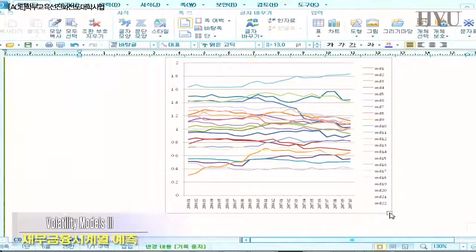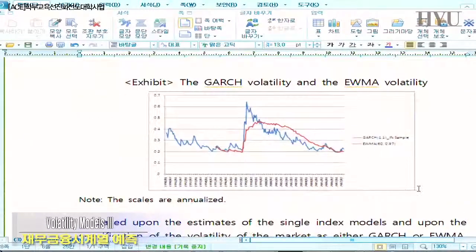At this point in time, you have all those betas, right? And this is the GARCH volatility using KOSPI. And this one is compared to EWMA volatility, and we know that there's a Box effect, right? Box effect. But we use this one.